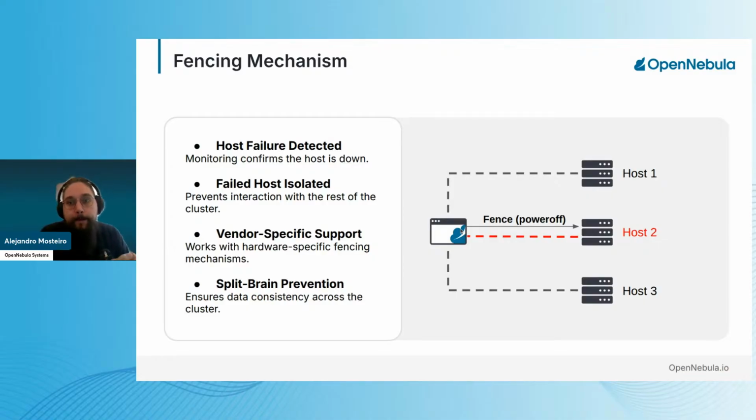time. This mechanism has some vendor-specific support, so it is possible, with the different hardware vendors, to execute the fencing mechanism based on the IPMI version they have, or it's also possible to just execute the fencing using SSH, as we will see later.